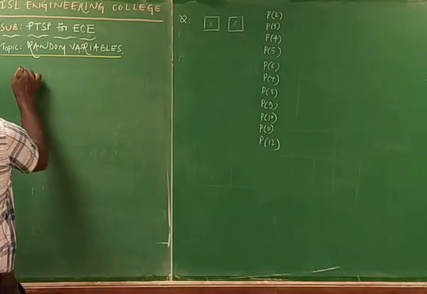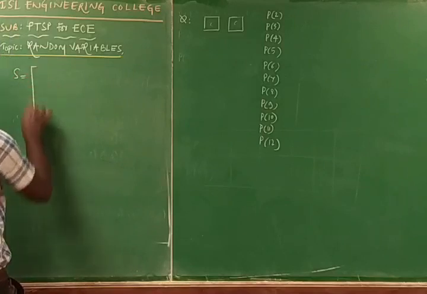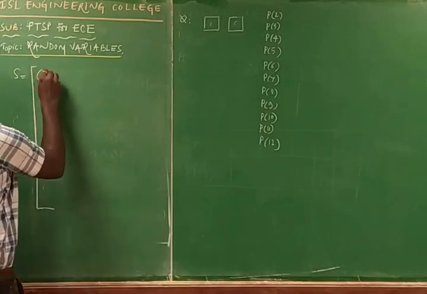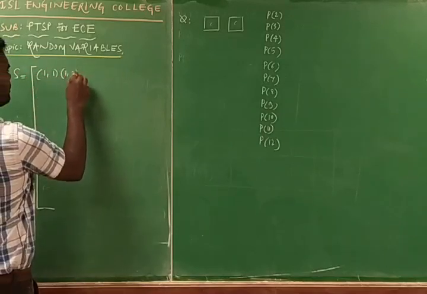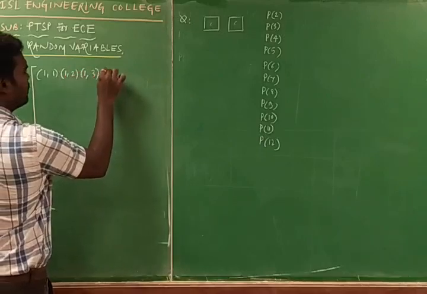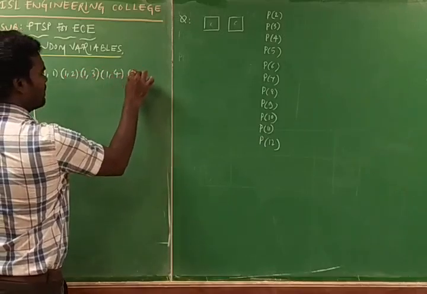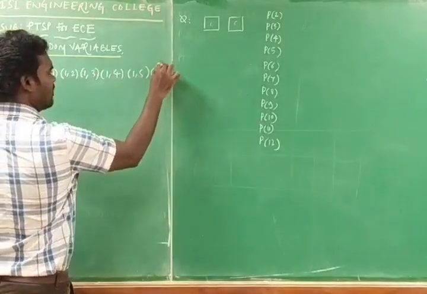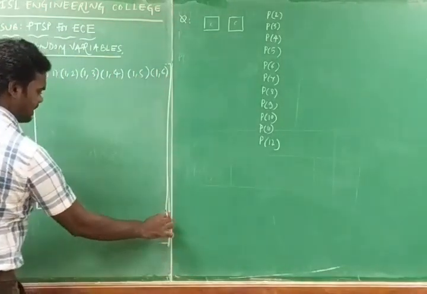go with the sample space S equals, this is 1 1, 1 2, 1 3, 1 4, 1 5, 1 6, there is no 1 7. The maximum is about 6 only.